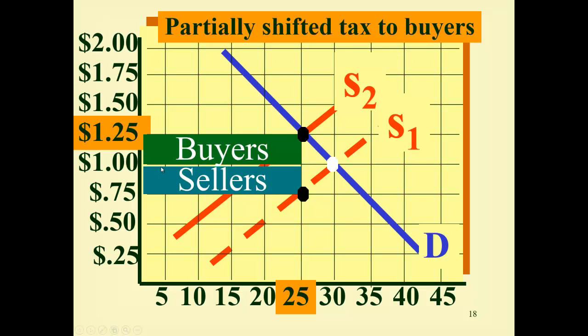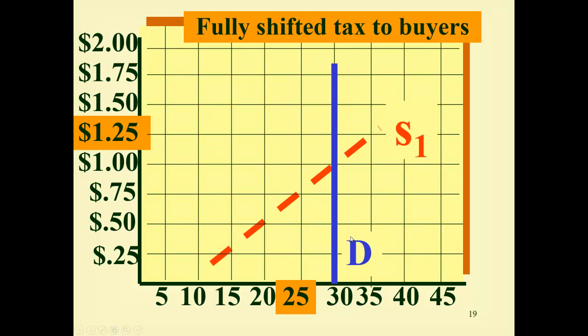But the tax is 50 cents. The consumer is only paying 25 cents. Who pays the other 25? Sellers. So sellers pay some, buyers pay some. It's a shared burden. In that case, that's what it looks like.